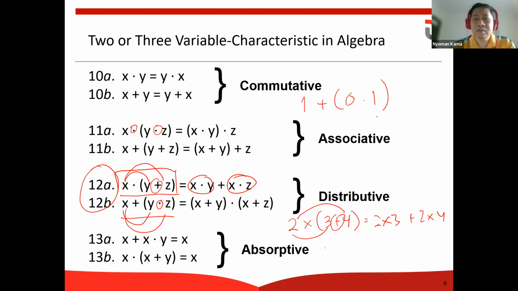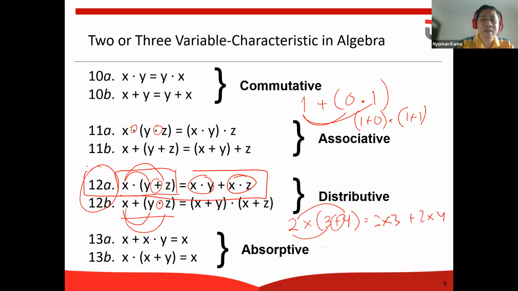But this only happens in Boolean algebra. In regular algebra, in mathematical algebra, we only have this one, 12a. But in Boolean algebra, we have an additional distributive law.